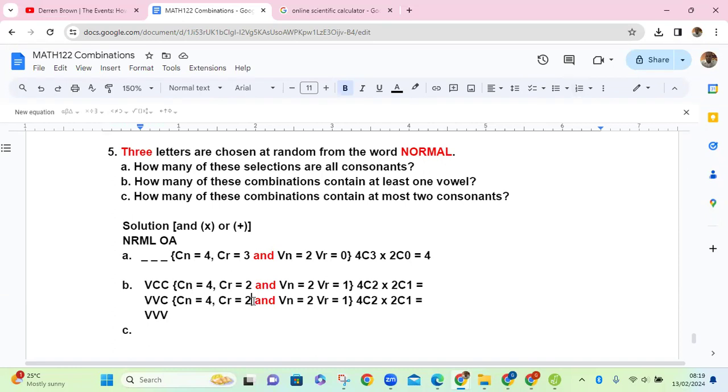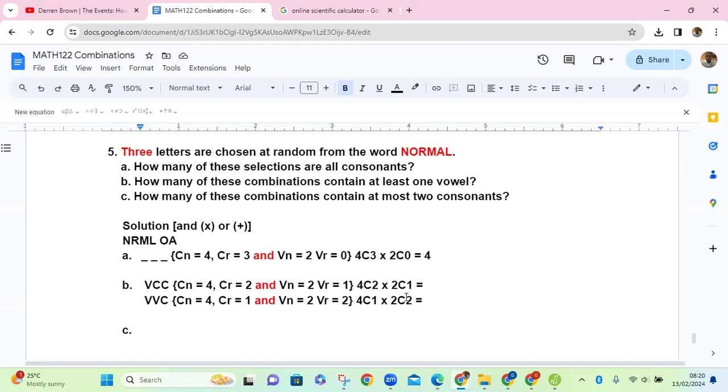From the consonants, we are selecting 1 from the 4, and at the same time, we are selecting 2 vowels from the 2. So that's 4C1 times 2C2. As the number of vowels increases, the number of consonants decreases, from 1 up to 3. Now bear in mind there are only 2 vowels. So it is impossible to select 3 vowels from a set of 2. So this is not possible. That's where the analysis stops, and we analyze those 2 and we add them up.